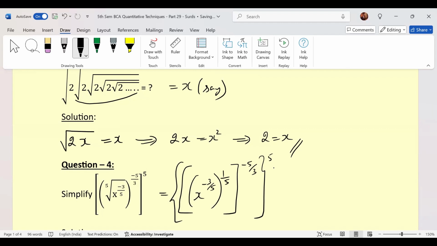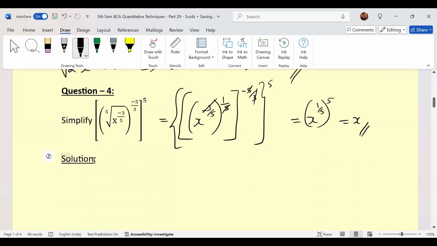So now we may notice this 5 and this 5 can be cancelled. Minus 1 by 3 plus 1 by 3 can be cancelled. Then you have 1 by 5 and 5, which means x power 1 by 5 to the power of 5, which is nothing but x only. That is the solution.